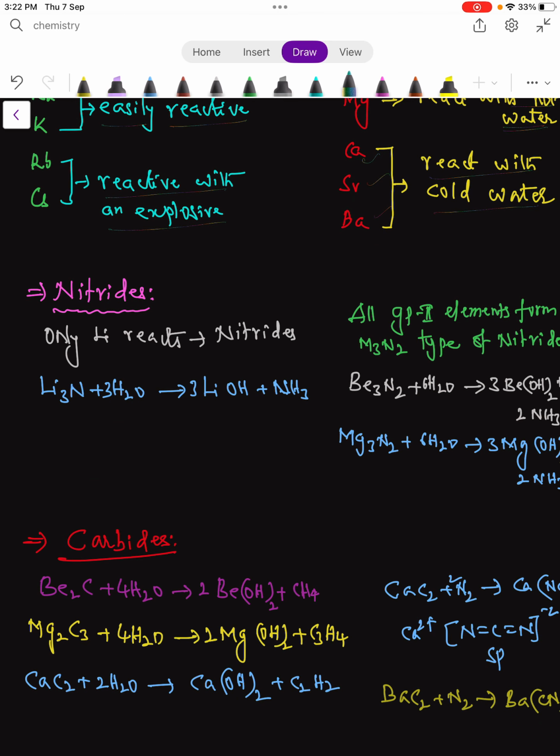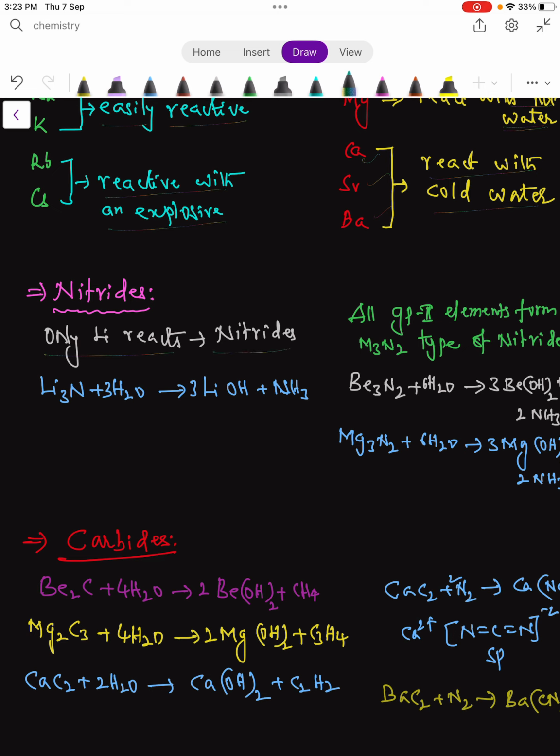Next, nitrides. 1A group elements and 2A group elements form nitrides. But coming to the 1A group elements, only the element lithium can form a nitride, not all the elements belonging to 1A. So only lithium reacts with nitrogen to form a nitride. That reaction is this.